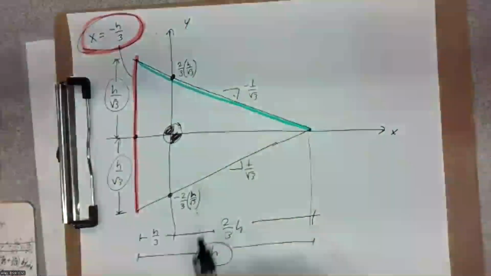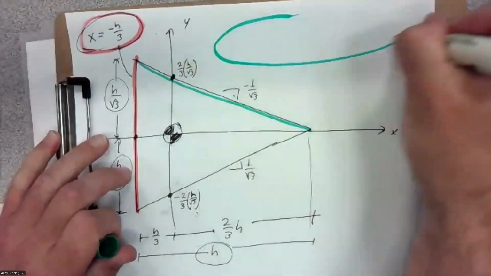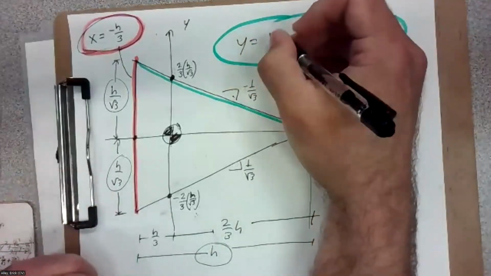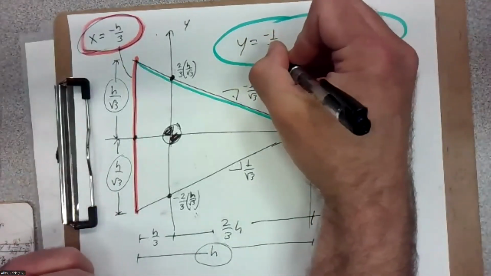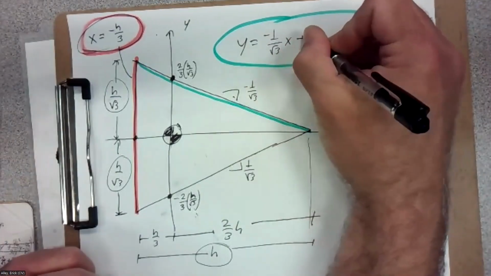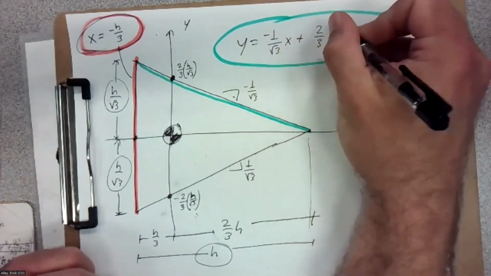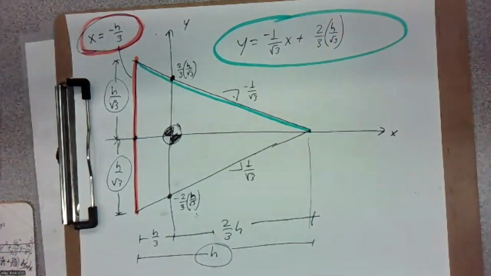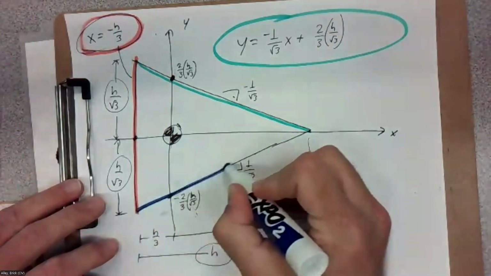That's pretty much it. My green equation is going to be y equal to negative 1 over root 3 x plus that y-intercept over there. Not a happy looking set of numbers, a lot of radicals and such, but it is a linear equation.